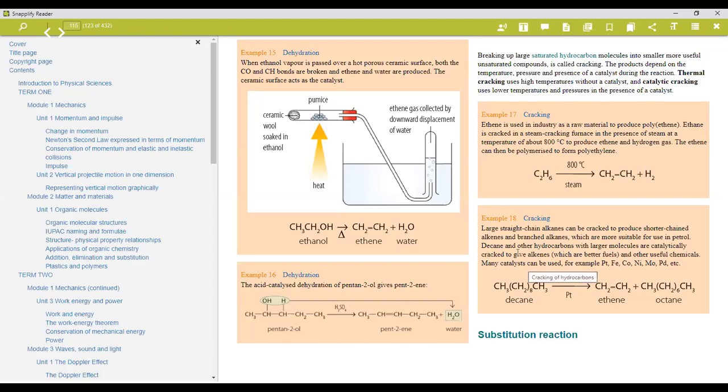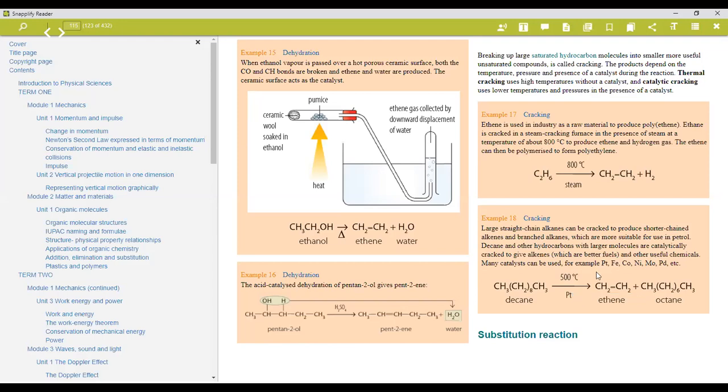Decane and other hydrocarbons with large molecules are catalytically cracked to give alkenes, which are better fuels, and other useful chemicals. Many catalysts can be used, for example, platinum, iron, nickel, all of these ones.